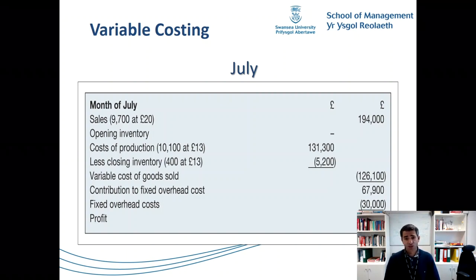So here we go, variable cost of goods sold £126,100, and contribution to fixed overhead cost is 67,900. So that's 194,000 minus 126,100, and you need to minus the fixed cost of £30,000, that's £37,900. Very simple, as previous. There's no over or under absorption cost.